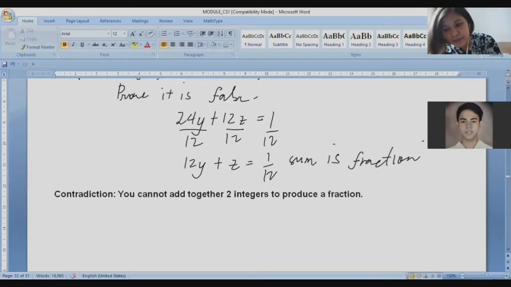Understood? So, it means our contradiction cannot be proven false. You cannot prove it false.